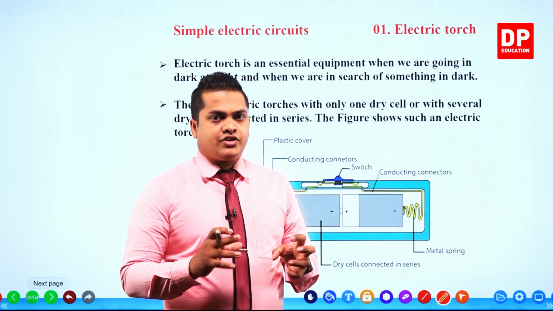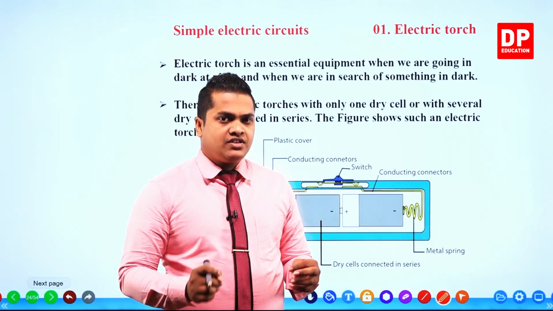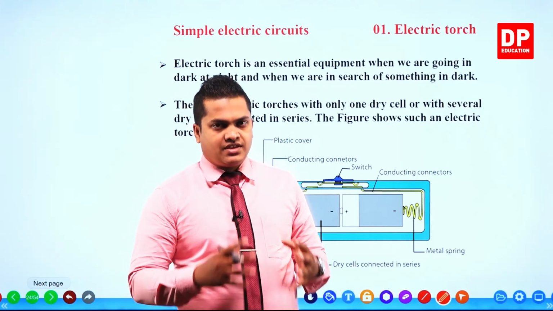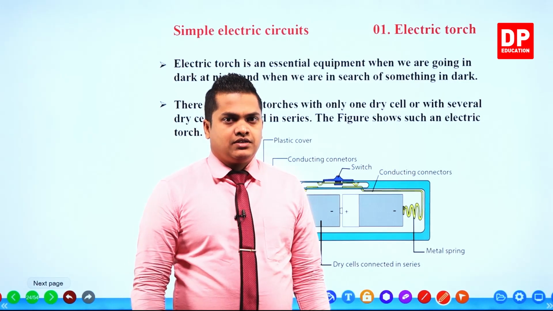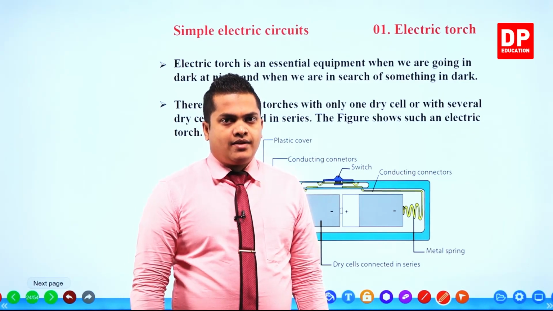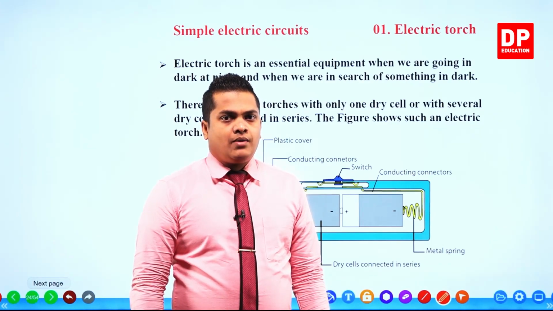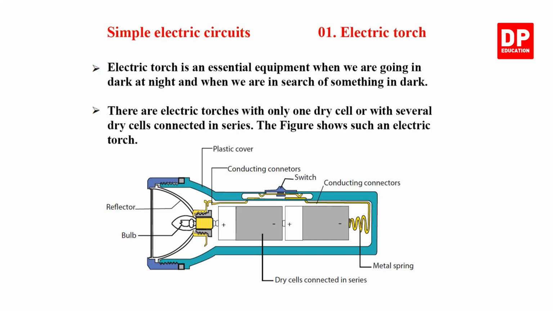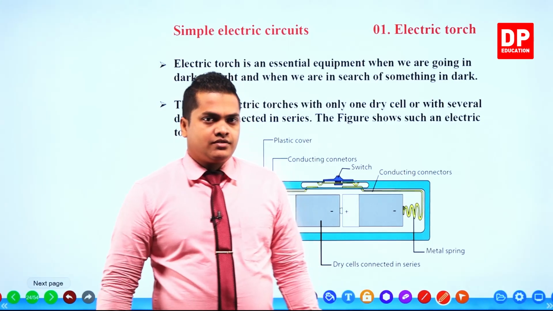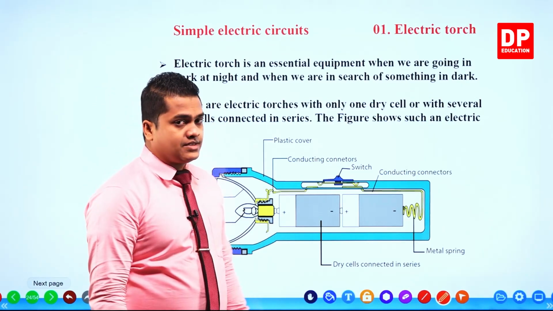For the connection of cells, we learned that there are two types of connections: series connection and parallel connection, my dear children. Now we are about to discuss the second main topic of the lesson. Here we are discussing specially about simple electric circuits.